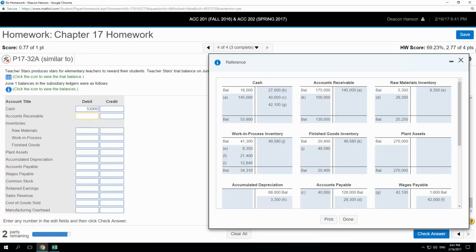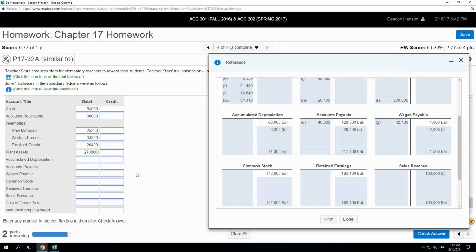Accounts receivable is, and then we'll go raw materials, work in process, finished goods. We got plant assets. They're kind of an accounting 201 drill. But it keeps you sharp.